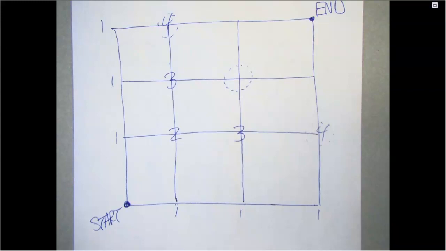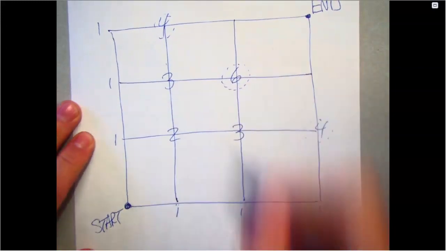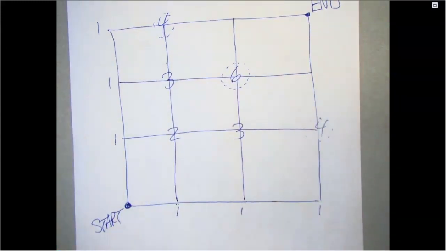And then you'd have 3 paths if you start going to the right too: 1, 2, 3. So there's 6 ways to get to that corner. I don't know if you guys see what's happening yet. Don't say it.